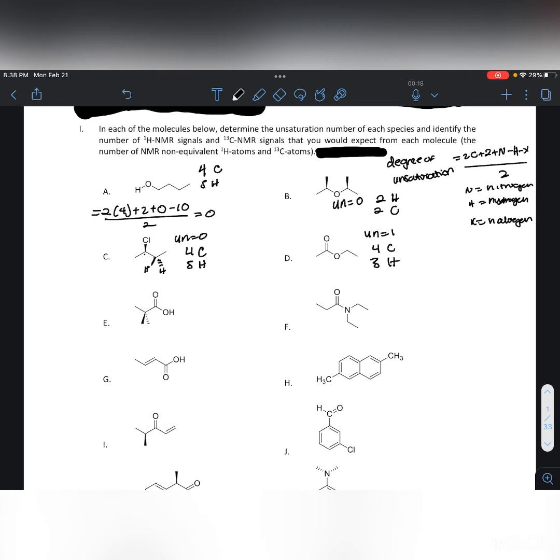And then moving on to the next one, E, the degrees of unsaturation for this one should be 1. To find out how much carbon we have, there should be about 3, and then for the hydrogen, it should be 2.